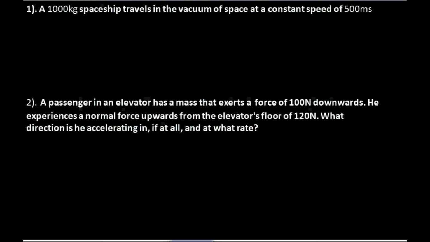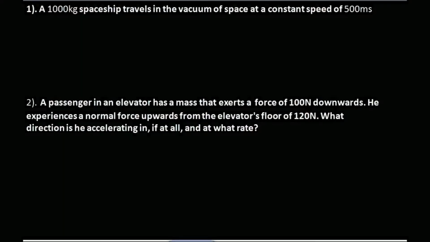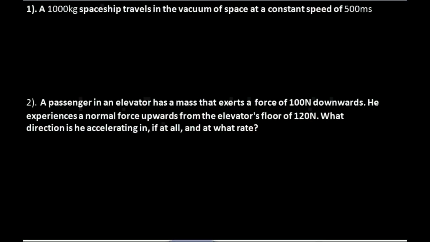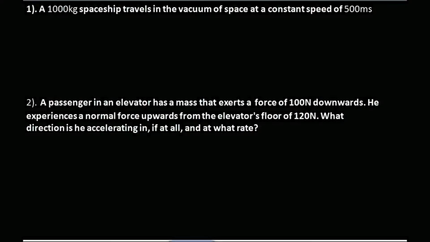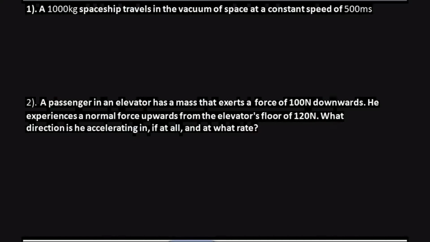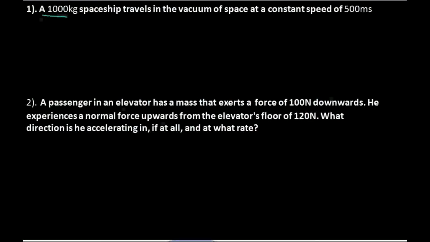So in this video we'll be discussing problems on Newton's laws of motion. Here is the first problem. A 1000 kg spaceship travels in the vacuum of space at a constant speed of 500 meters per second. They have clearly mentioned the mass m and the speed.